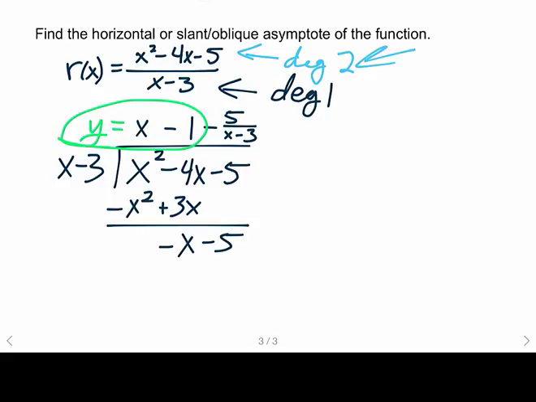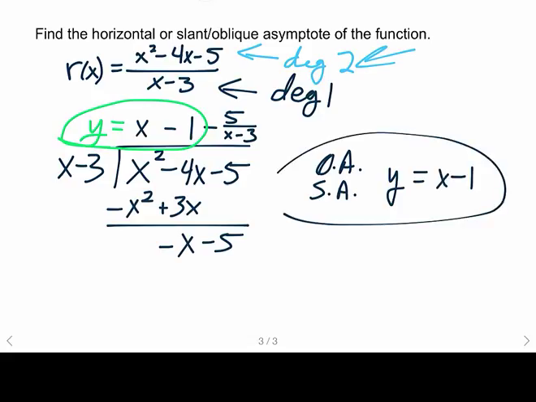To tidy this up, we would say we have an oblique asymptote or slant asymptote. I don't really care which of those two you use, but use one of them. It's y equals x minus 1. We get to dump the remainder. Doesn't that feel good?